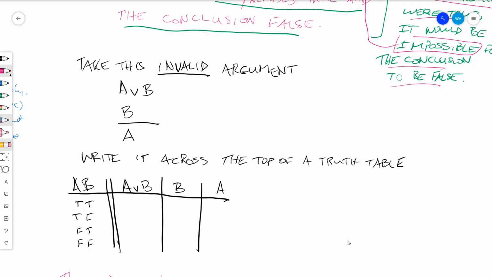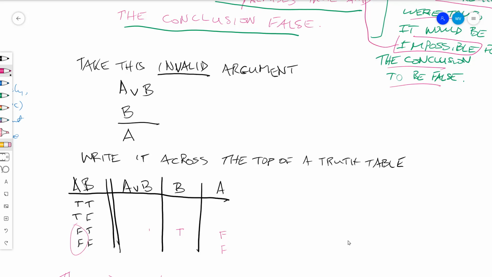Well, I'm going to give you a little bit of a shortcut here because it turns out that the only time that can happen is when the conclusion is false. And that's only going to happen on the last 2 lines of this truth table because that's where the guide column makes A false. Now, where are the premises going to be true? Well, it's going to be on line 3 because B is true in the guide column on line 3. That makes the second premise true.